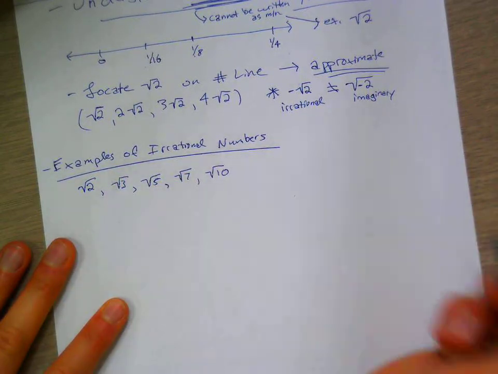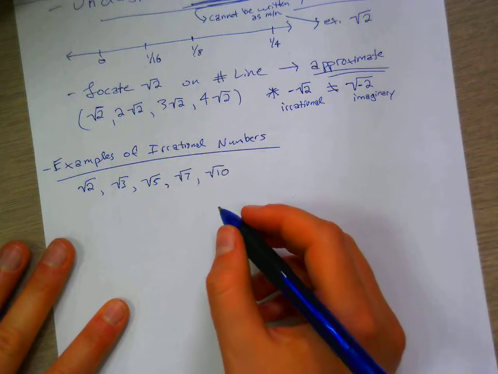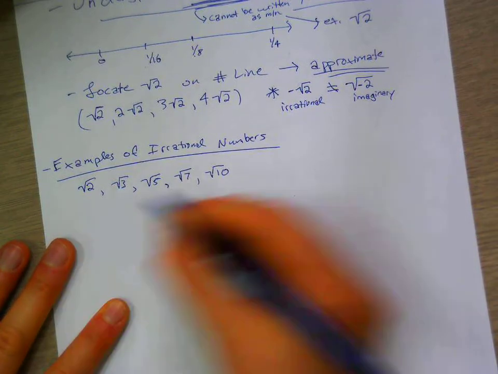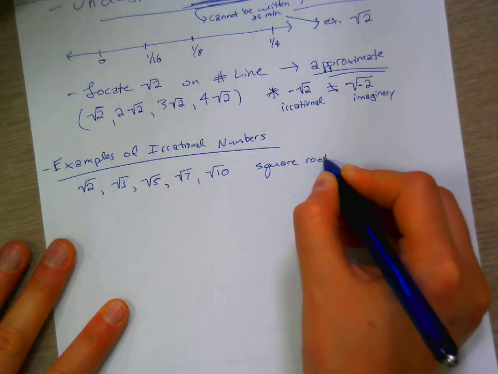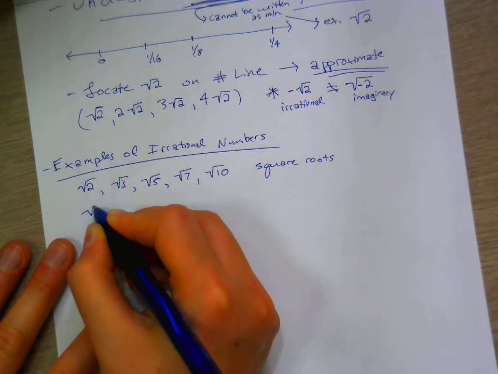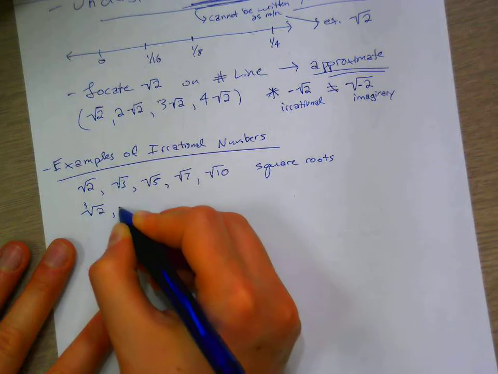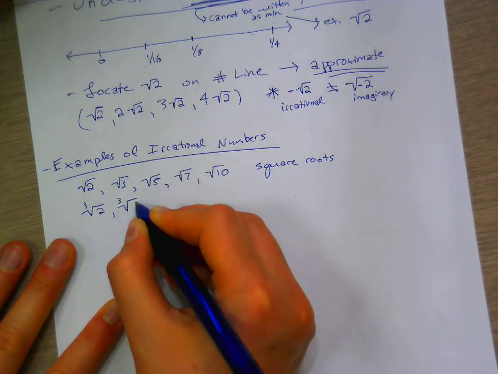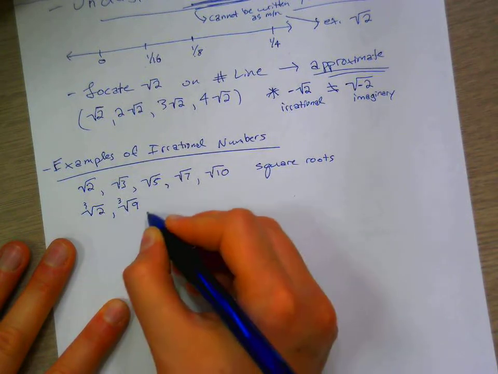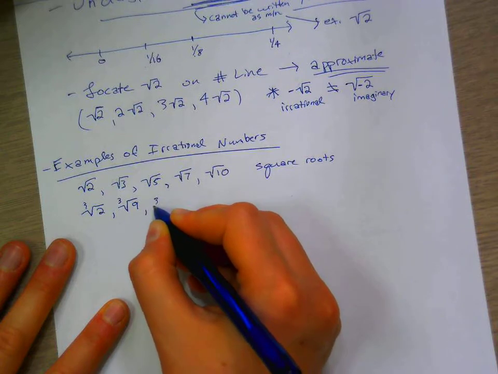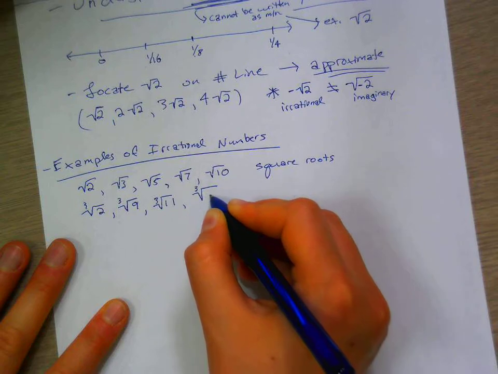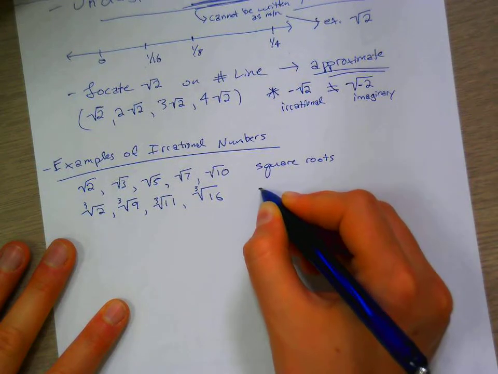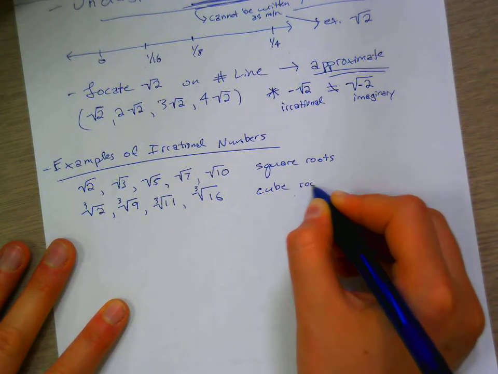Many cube roots are also irrational numbers. Those were square roots. Many cube roots are, so the cube root of 2, the cube root of 9, remember 9 is a square root but not a cube root, the cube root of 11, and the cube root of 16, and so on.